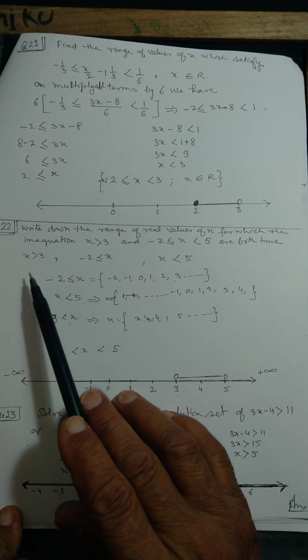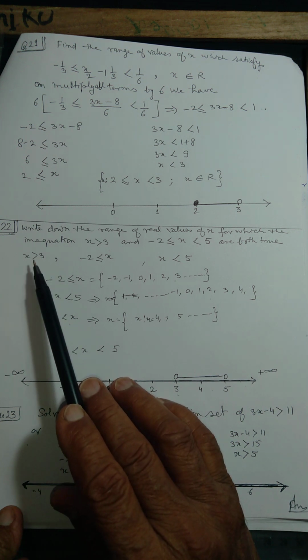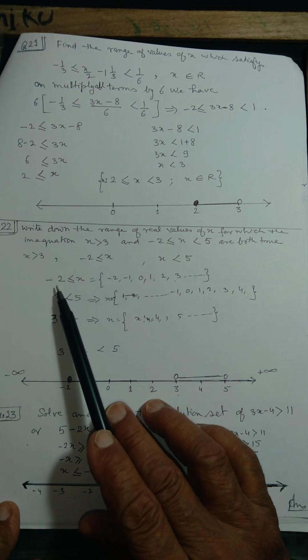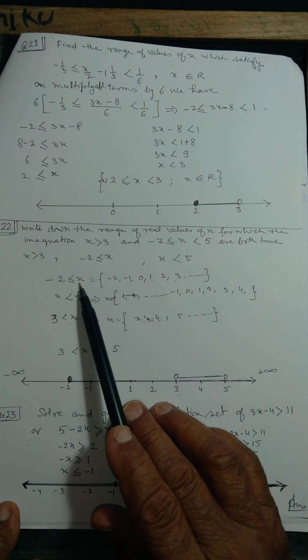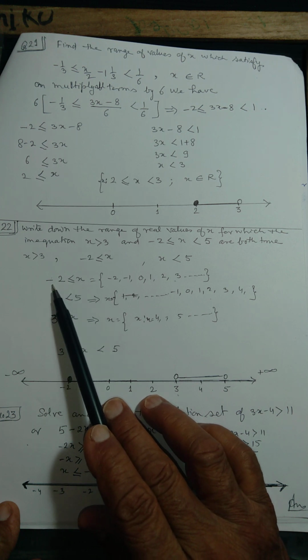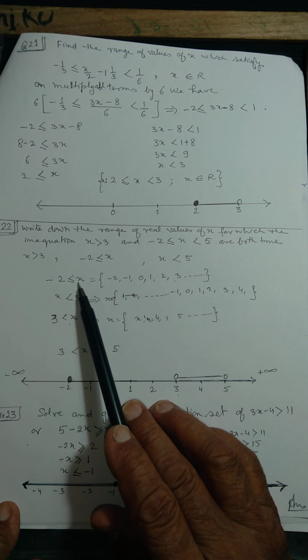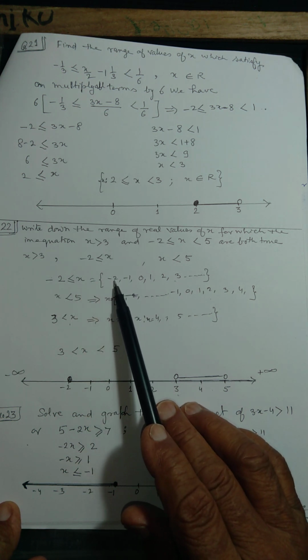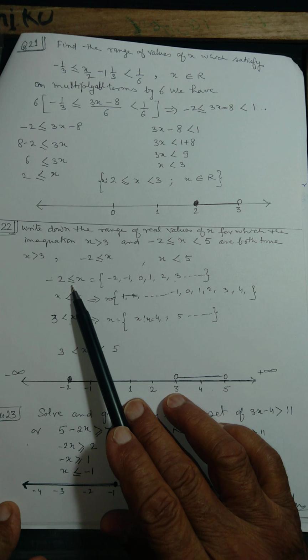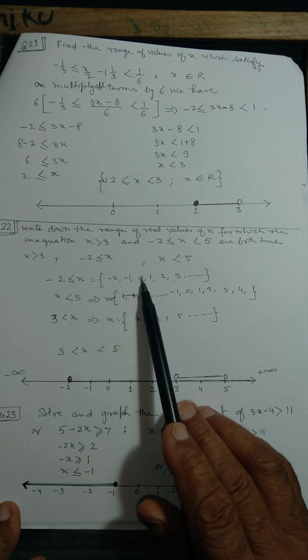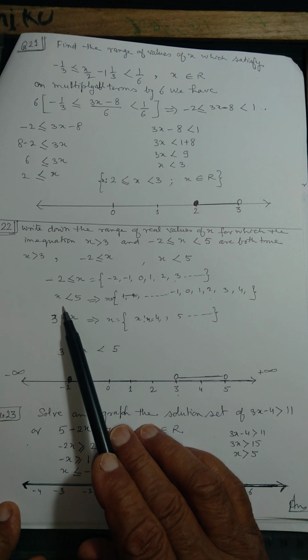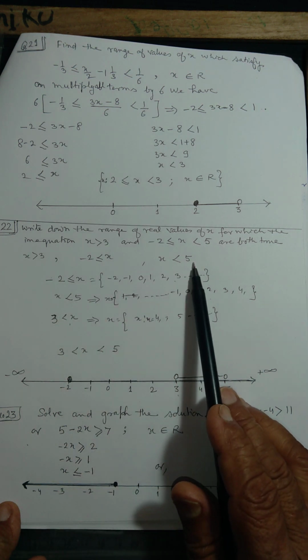So you see, x is greater than 3, just keep that in mind. We proceed from this, minus 2 is less than or equal to x. Therefore the solution set will be minus 2, minus 1, 0, 1, 2, 3 and so on. Now come to this, x is less than 5.